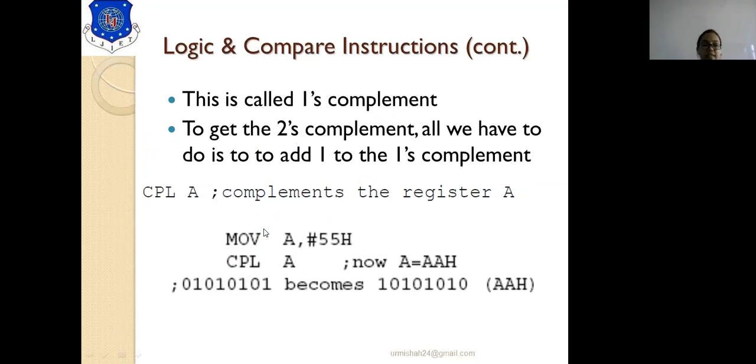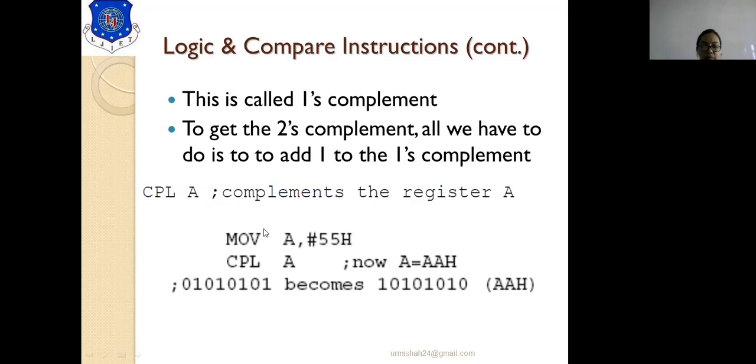Now the next instructions we will be seeing are for ones complement and twos complement. CPL A will complement the register content of the accumulator. MOV A, #55H. A is loaded with 55 as the data.